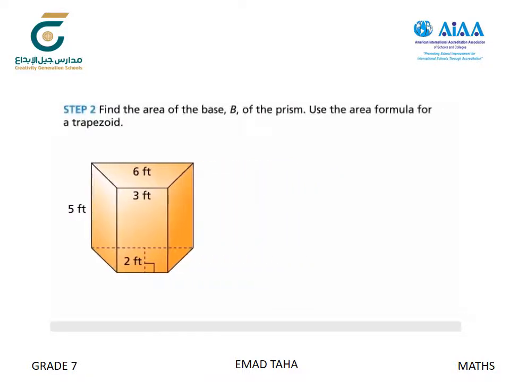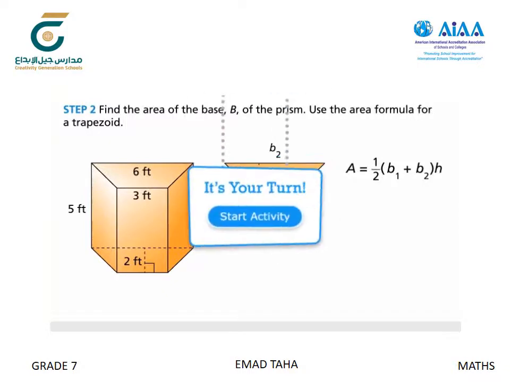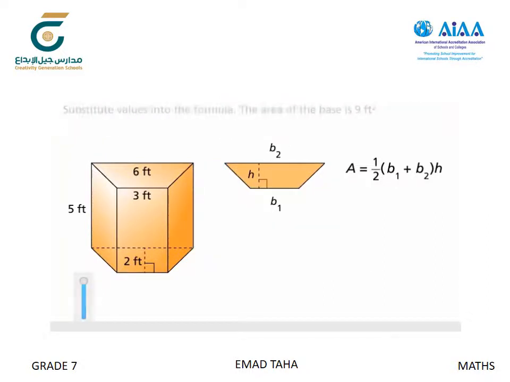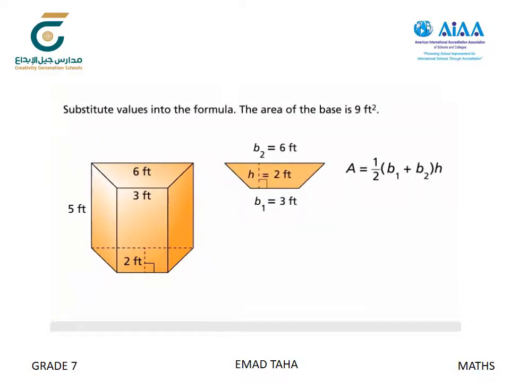The next step is to find the area of the base, B, of the prism. Use the area formula for a trapezoid. The area, A, is equal to 1/2 times the sum of the 2 bases, B1 and B2, times the height, H. Now substitute values into the formula to find the area.